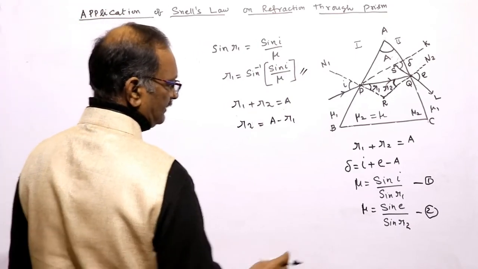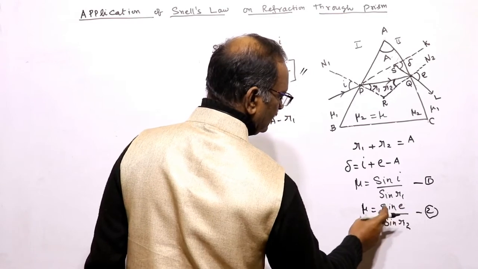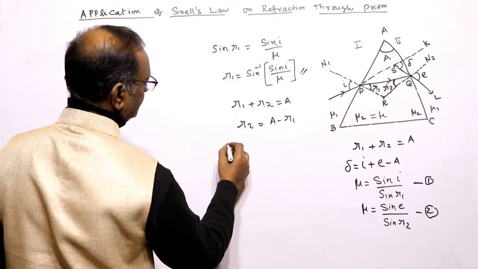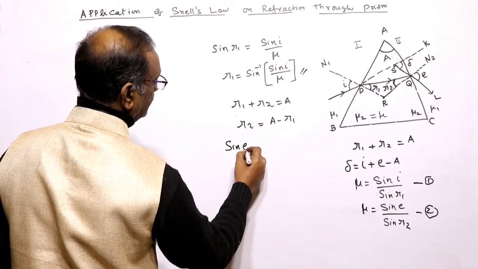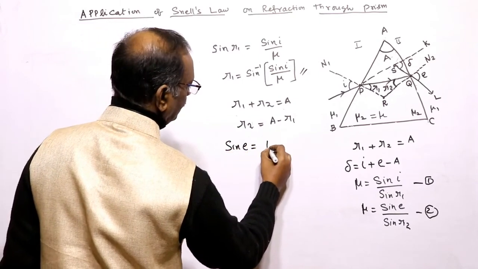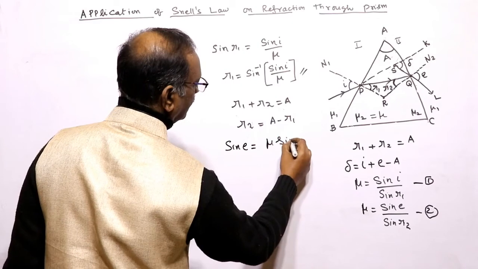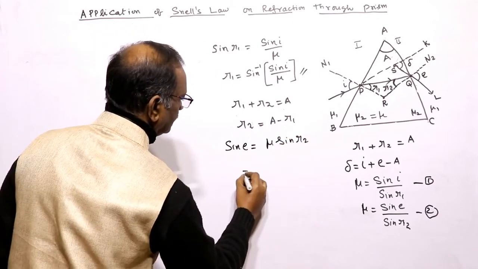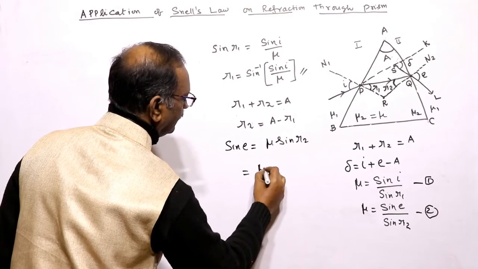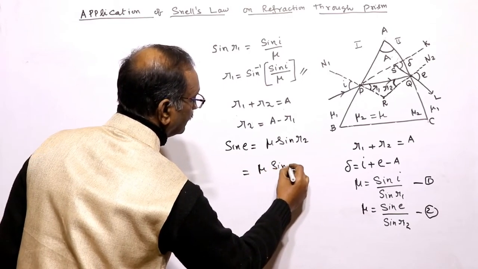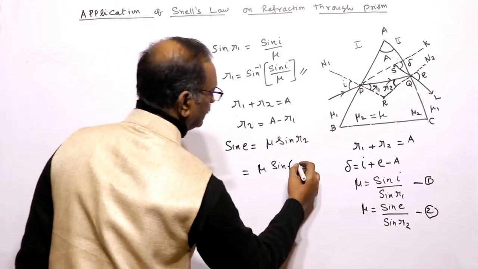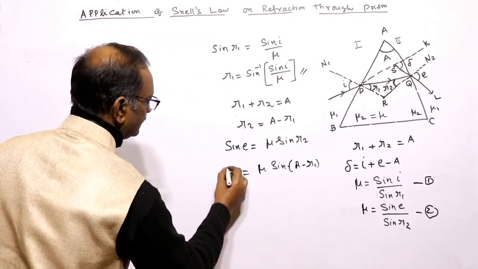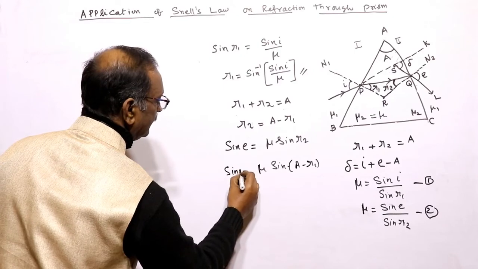Now, from the second relation, sine E is equal to mu into sine of R2, and R2 is equal to A minus R1.